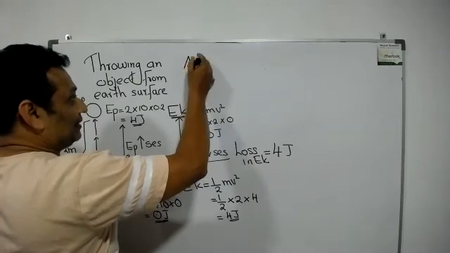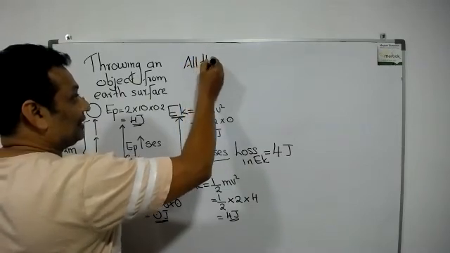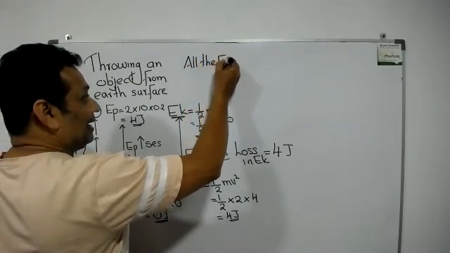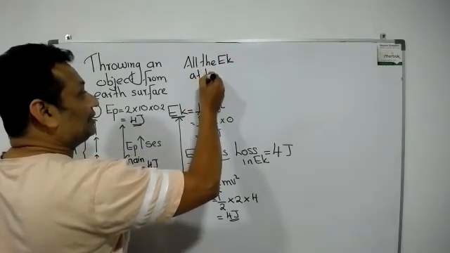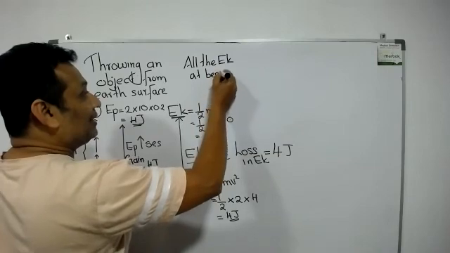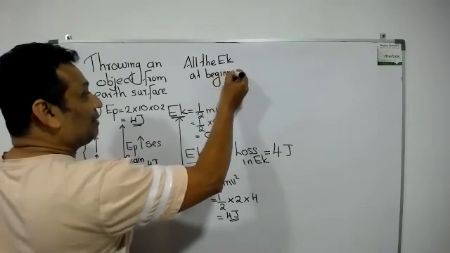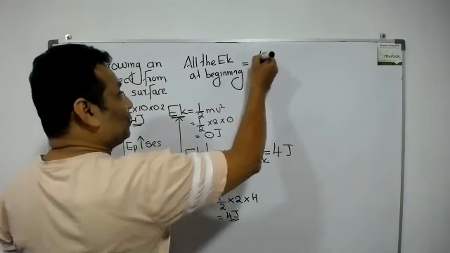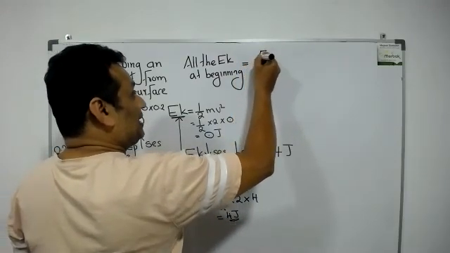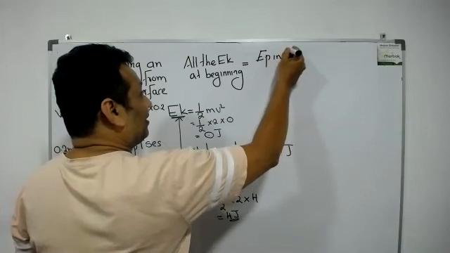So this is the final thing I want to come to. All the EK at the beginning equals EP in the last.